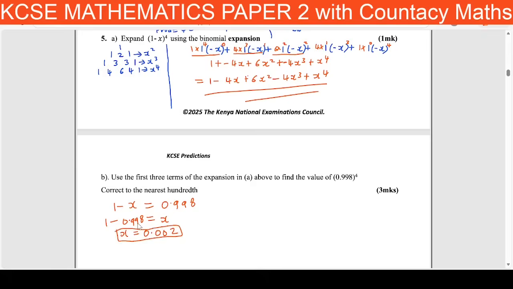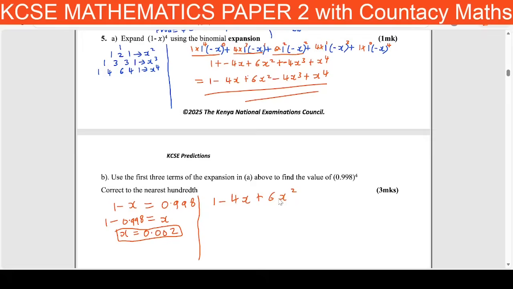What next do we do now that we have the value of x? We check the equation. It is telling us to use the first 3 terms. So we are going to use this first term here, that is one term, the first term. And then we have minus 4x plus 6x squared. These numbers look so amazing.